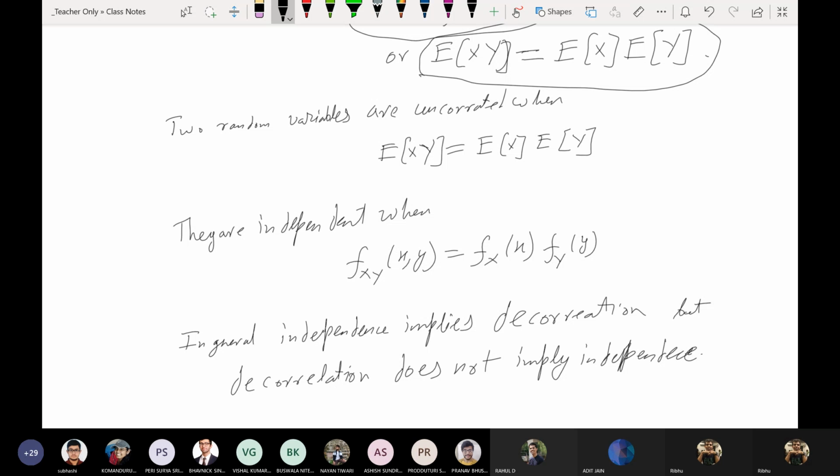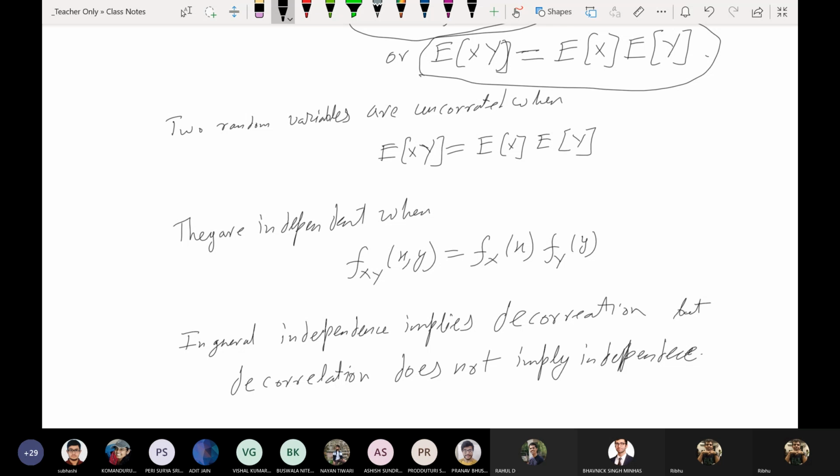Yeah, so Adit has helped us. If two random variables are independent, then all the moments will be separable. Hence, in general, expectation of x to the power m, y to the power n can be separated.